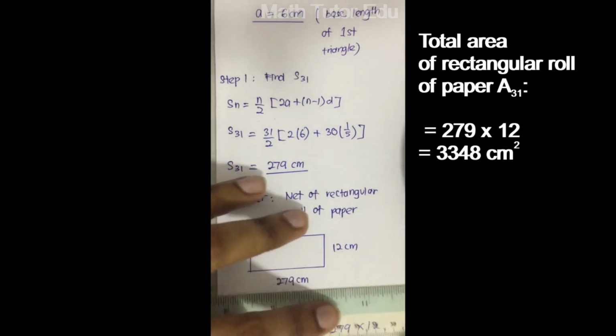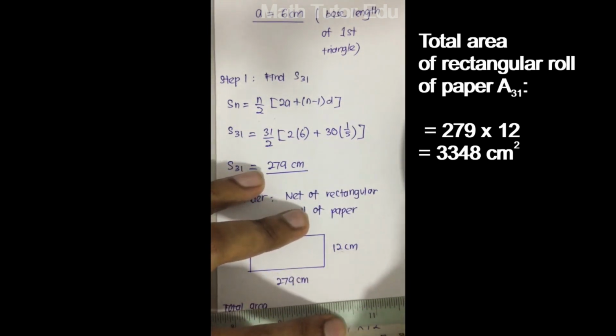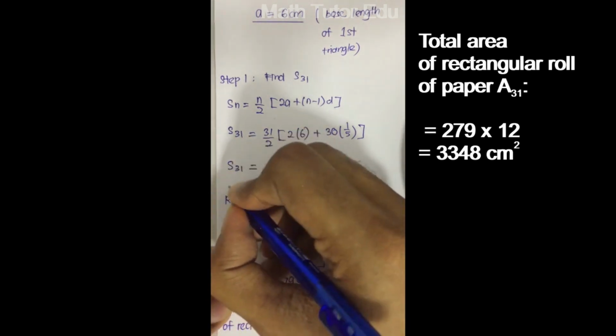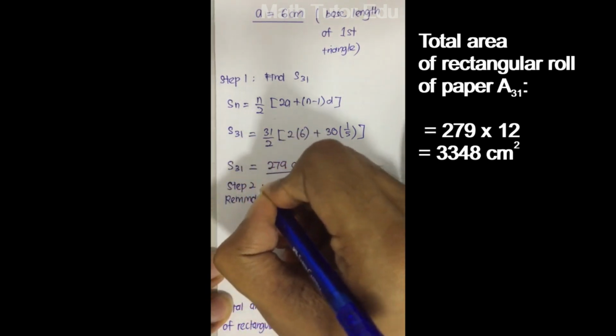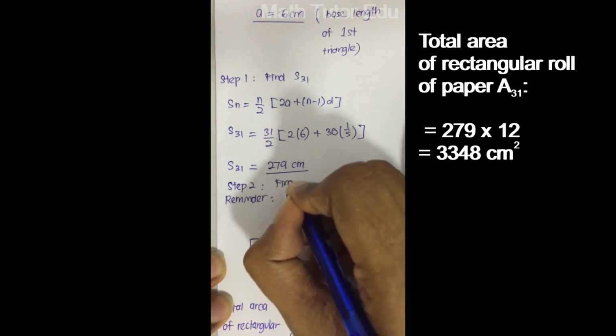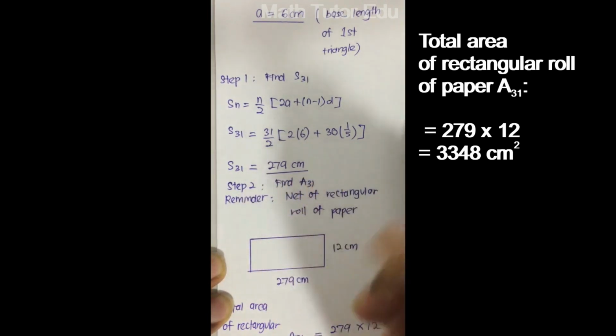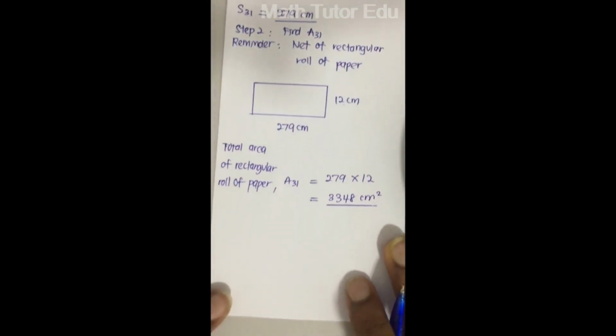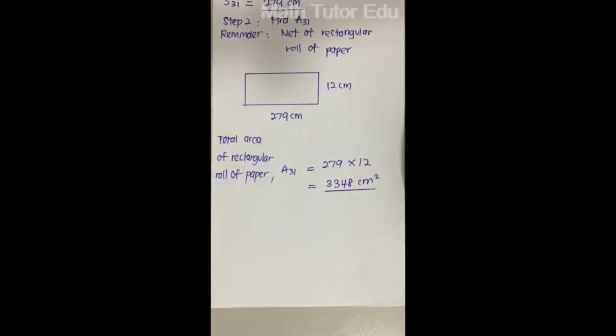We are not done yet, so it's still in the step. This is your step 2, by the way: find A31. Once we get the A31, we can now find the total mass for one roll of paper.